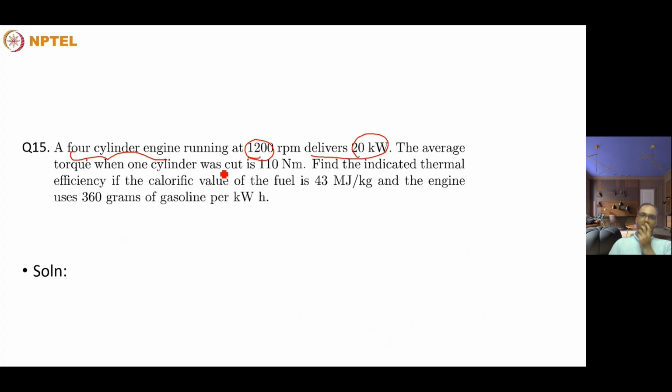The average torque when one cylinder was cut is 110 Newton meter. It was initially a four-cylinder engine, now it has become three-cylinder, and the average torque for the three-cylinder engine is 110 Newton meter. We have to calculate the indicated thermal efficiency if the calorific value of the fuel is 43 megajoules per kilogram and the engine uses 360 grams of gasoline per kilowatt hour.